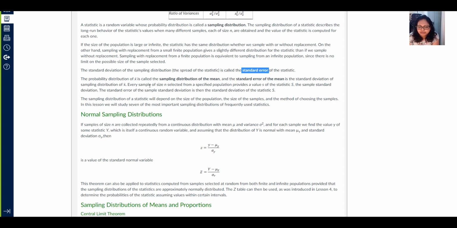I talked about it before. Whenever we have a statistic, and we try to find the sampling distribution by taking it again and again, let's say we are talking about the mean.